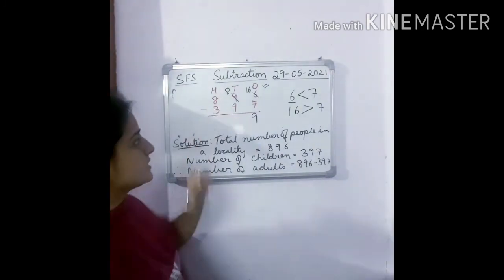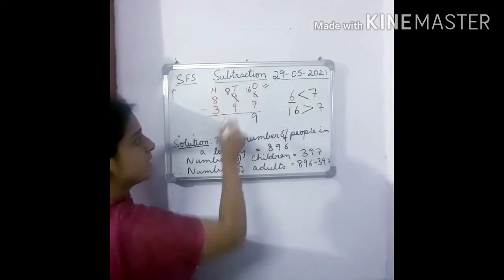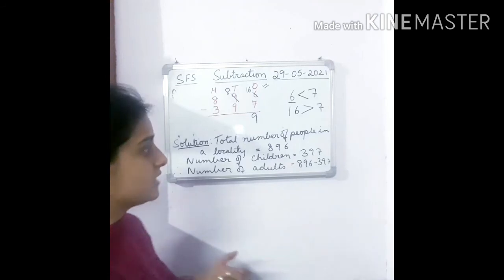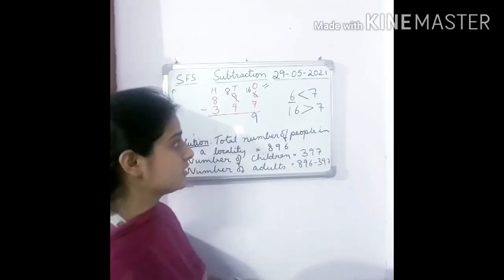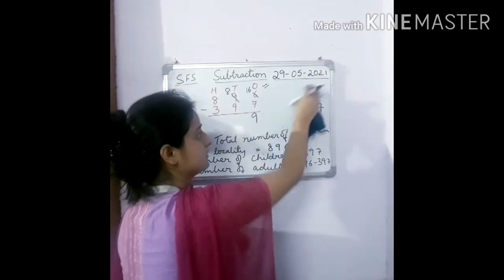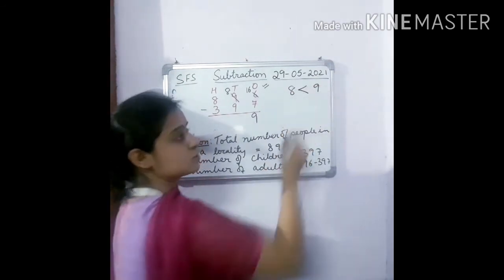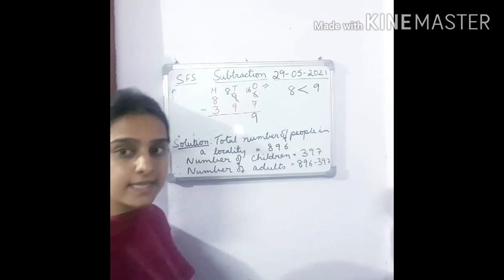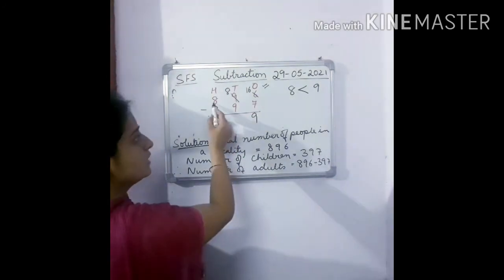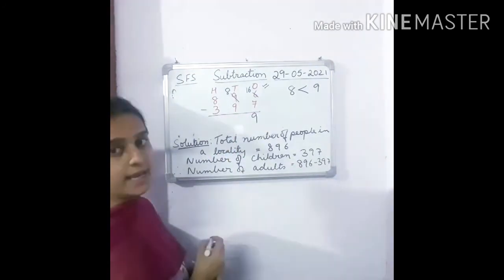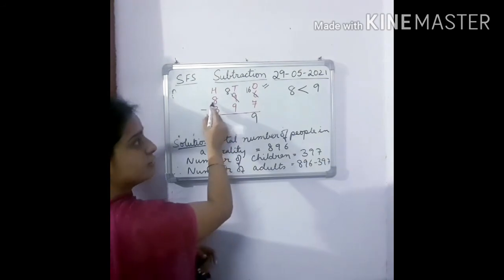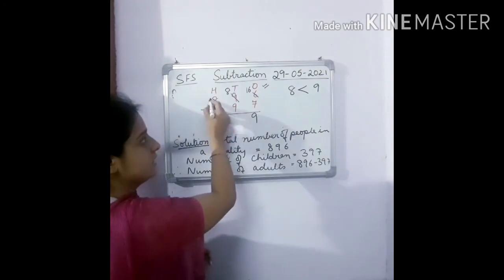Okay. Now let's see the tens place. 8 minus 9. Now children, 8 is again smaller than 9. So again we have to make 8 bigger. How can we make it? We'll take 1 from 8, the hundreds place, children.